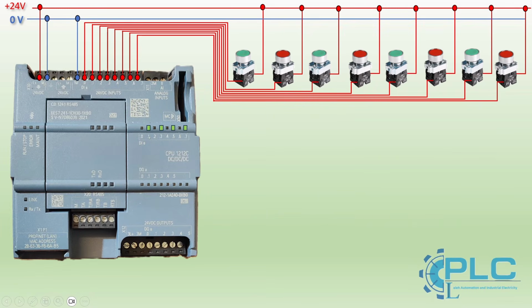Now, let's connect this concept to our real S7-1200 PLC. In our current hardware configuration, these 8 digital inputs are assigned to input byte 0. For input addressing, we use the letter I. Then, we write the byte address followed by a dot, and finally the bit address.